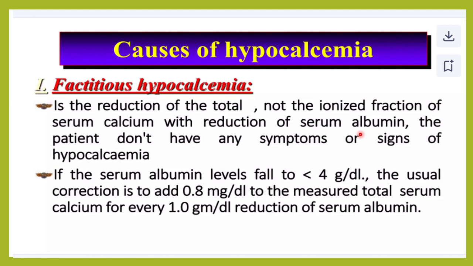So if the level of serum albumin falls below 4 gram per deciliter, the usual correction is to add 0.8 milligram per deciliter to the measured total serum calcium for every 1 gram per deciliter reduction of serum albumin. So we will have to make a correction. For every 1 gram per deciliter reduction of serum albumin, we will have to add 0.8 milligram per deciliter of calcium.